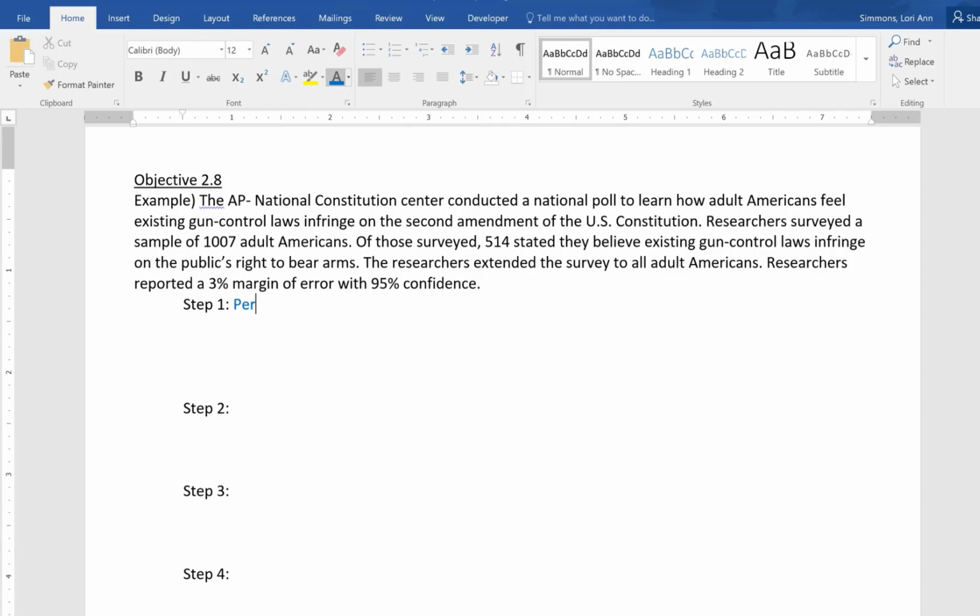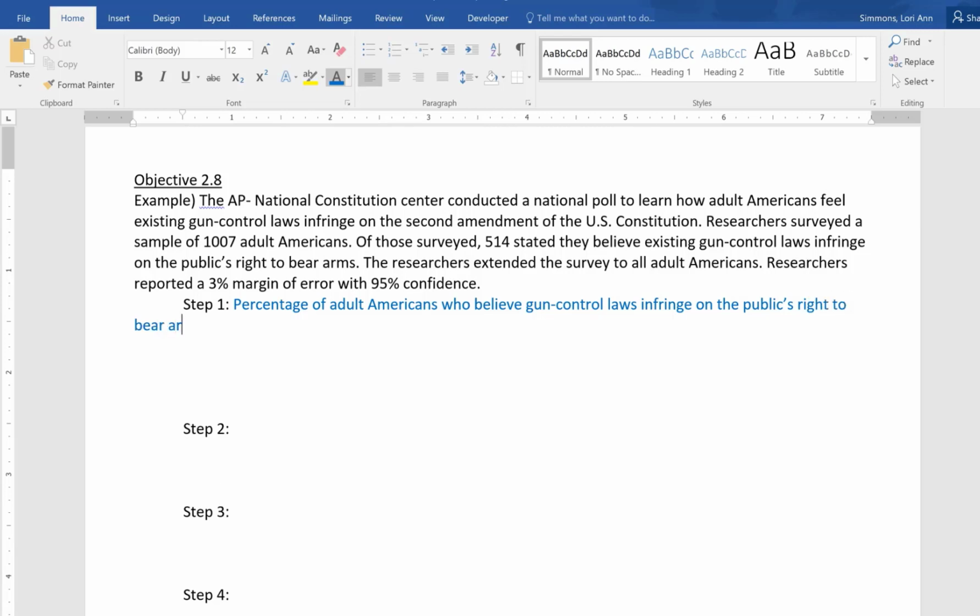We're looking for the percentage of adult Americans who believe gun control laws infringe on the public's right to bear arms. The population is adult Americans.